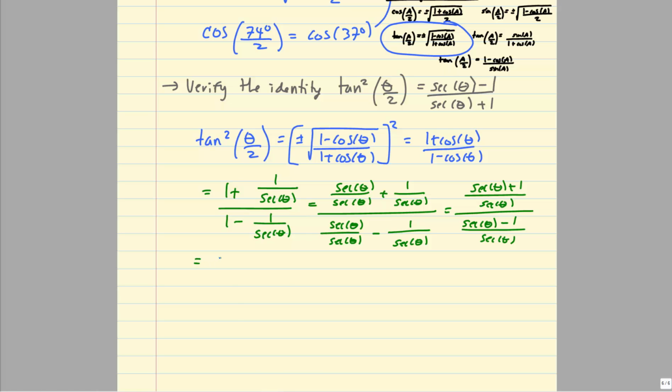So this would be secant theta. Now remember, put parentheses around the argument of your trig functions. Otherwise we won't know is that plus 1 part of the argument or not. And this is divided by secant theta minus 1 over secant theta. When you divide by a fraction, you're multiplying by the reciprocal.